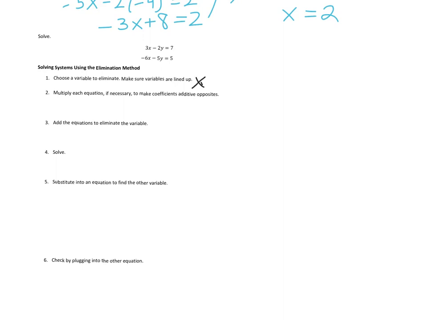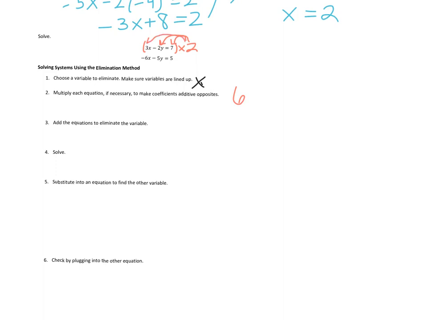All right, multiply each equation if necessary to make the coefficients additive opposites. Well, in this case, we just have to multiply 1. And they're already opposite signs. The top one is going to be positive 6, the bottom one will be negative 6. All right, so we actually multiply both sides. After we distribute, that's like multiplying every term.